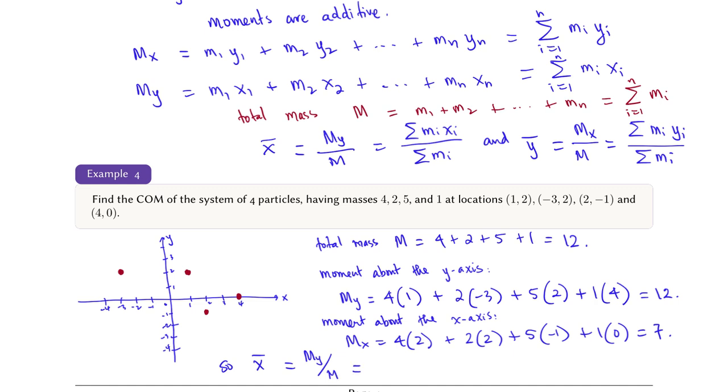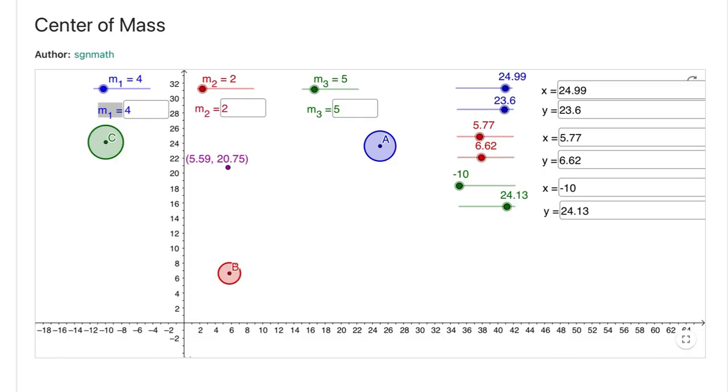So the moment about the y-axis is 12, and the total mass is 12. So x bar is 1. And y bar is Mx over m, which is 7 over 12. So the center of mass is (1, 7/12). The system balances if we put the center of mass at (1, 7/12).